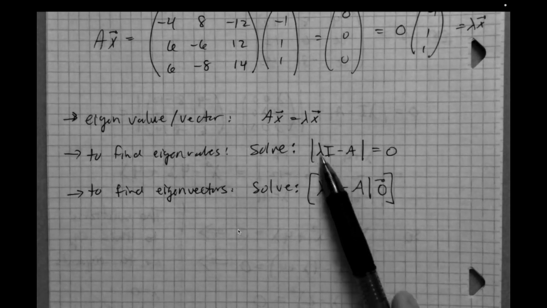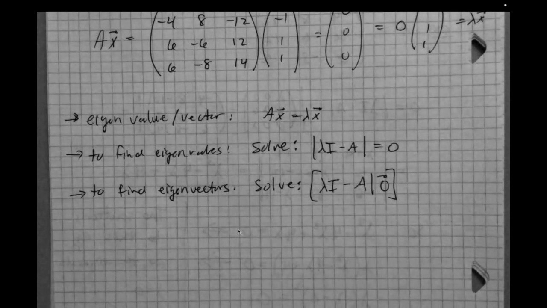If it's a 5 by 5 or a 6 by 6, it's going to be very involved. But whatever mechanism you can use to solve that determinant, if there's a faster or better way to do it, then do it. A lot of times you'll just rely on computational aids to assist you with finding these eigenvalues. In the case of a 3 by 3, you can definitely do it yourself, though.